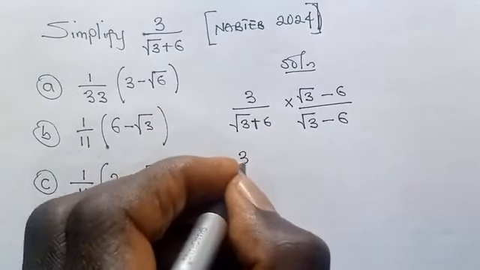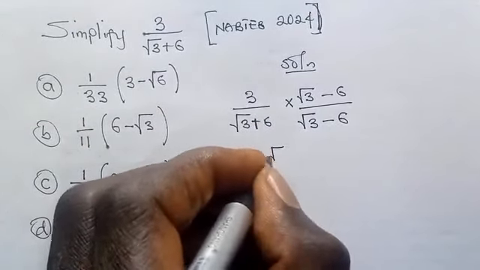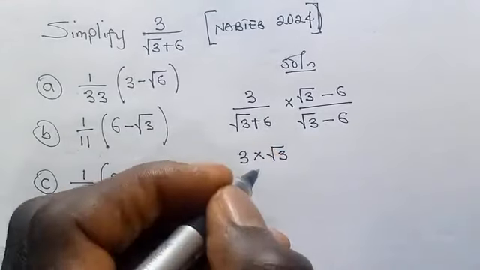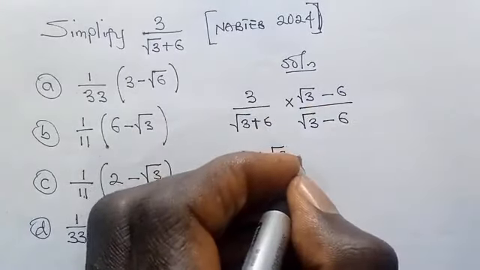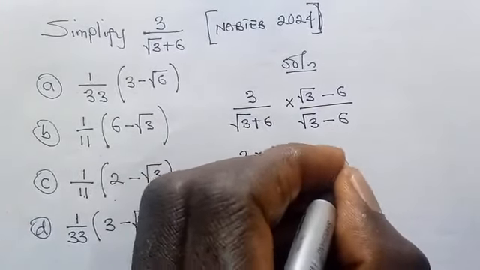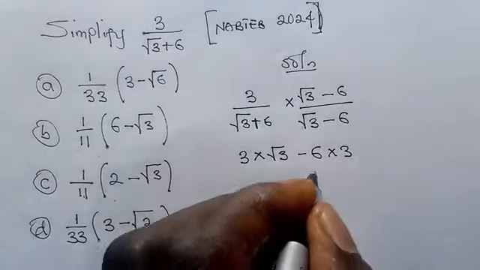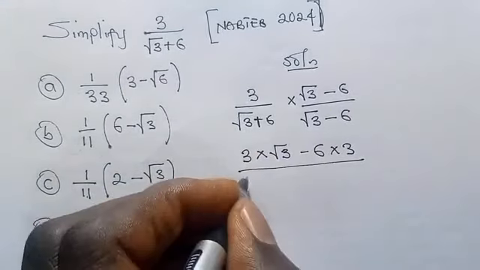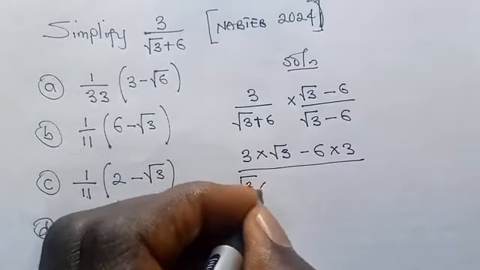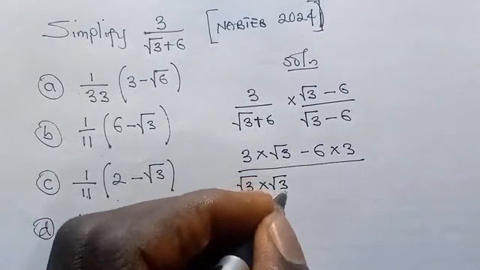In the numerator we have 3 multiplied by root 3. 3 times minus 6, you are having minus 6 times 3. We divide it by root 3 times root 3.